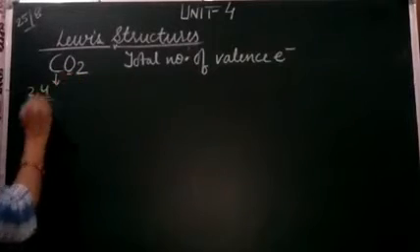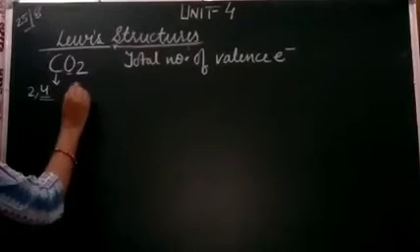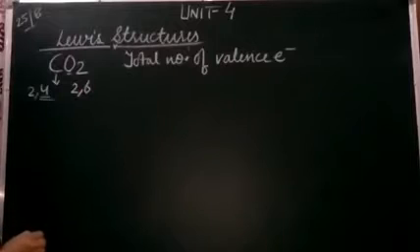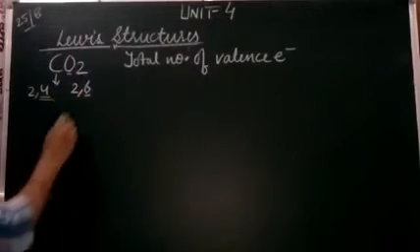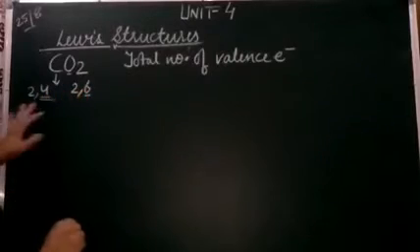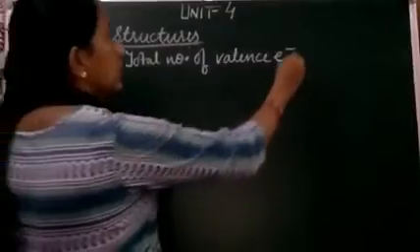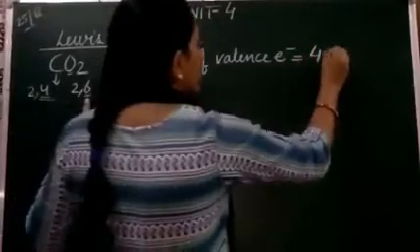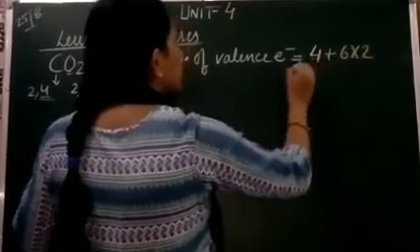Similarly, what is the atomic number of oxygen? It is 8, so its valence shell configuration has 6 electrons in the outermost shell, right? So we are going to add here: for carbon we have 4, and for oxygen 6 on each oxygen, so we have 2 oxygen atoms.